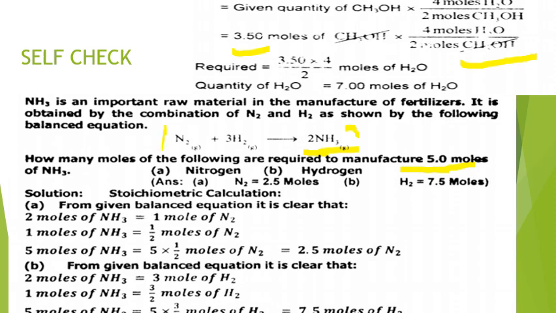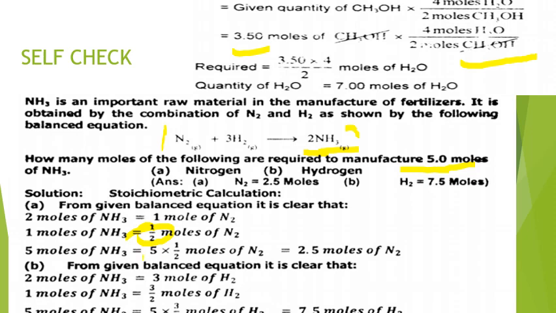Now here we have the conversion factor for nitrogen, as 1 mole of nitrogen is present as a numerator, divided by the denominator, that is 2, from the balanced chemical equation of ammonia. Now how many moles of ammonia are given for the manufacturing process?